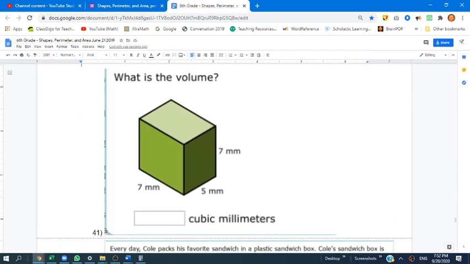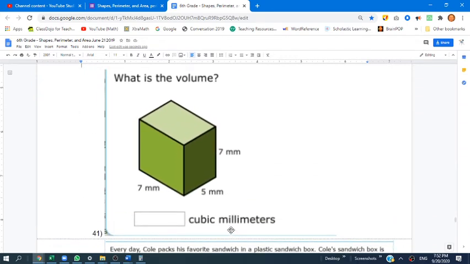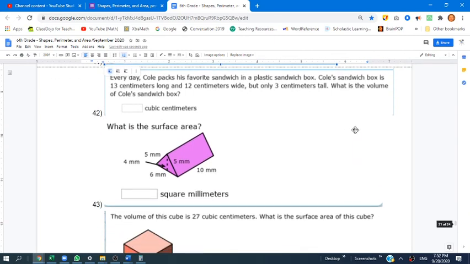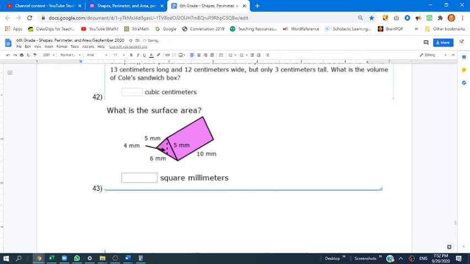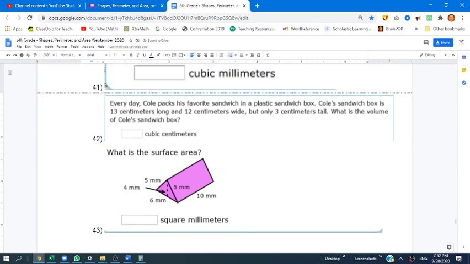Number 41. What is the volume? Number 42. It looks like that one's number 42.